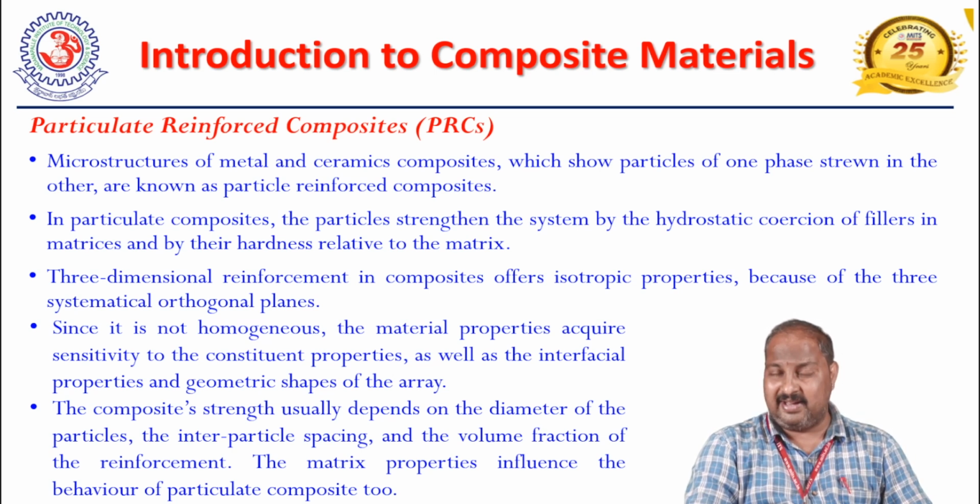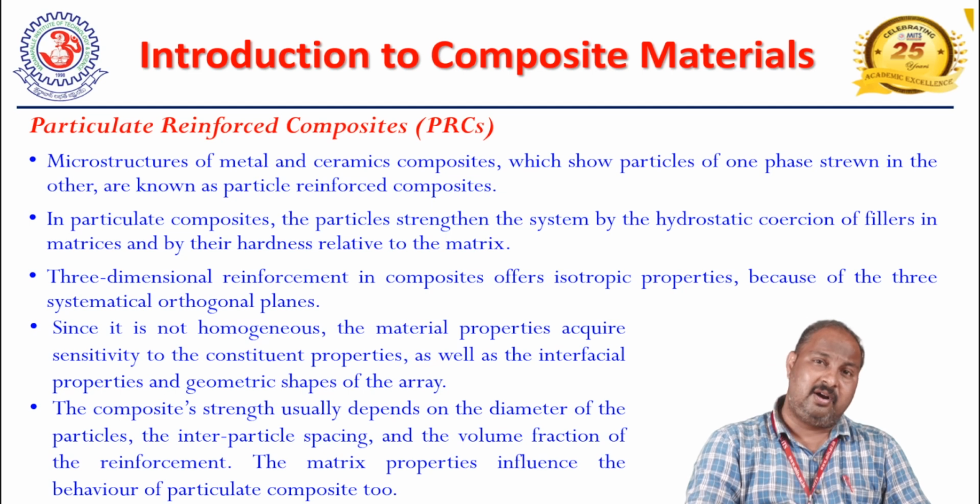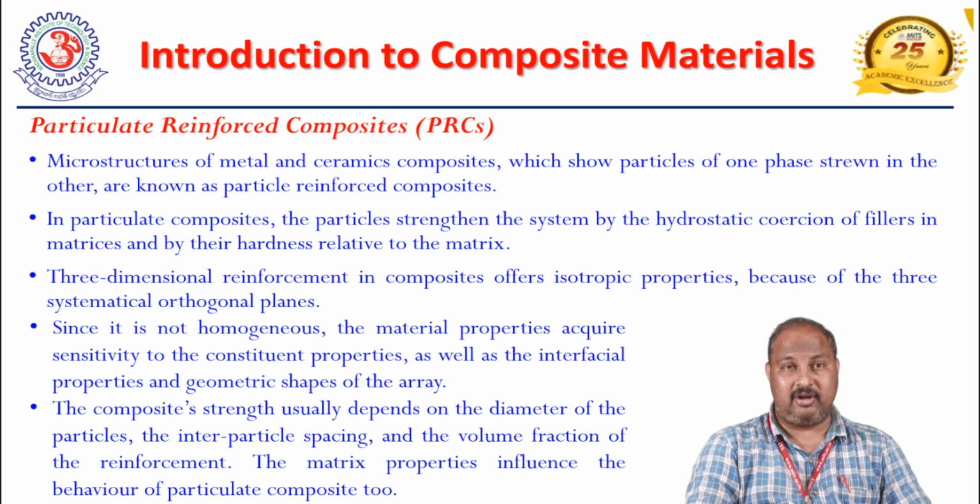Here, when I compare it with unidirectional fiber reinforced composites, where it is not possible to obtain isotropy, it is possible when we add the particulates into the metal alloy or ceramic matrix, where we can achieve nearly uniform isotropic properties.